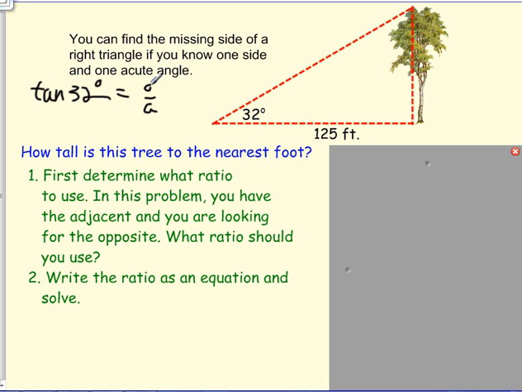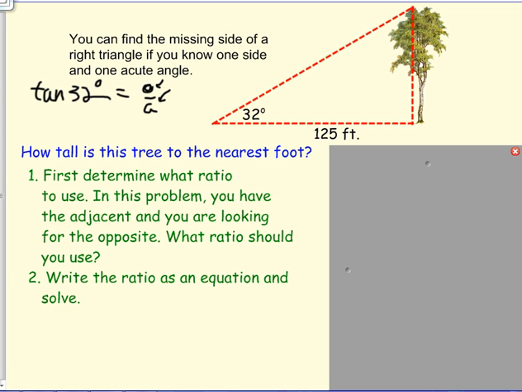Now with this idea in mind, we can solve for the opposite or the adjacent depending on what information we have. Same with sine, same with cosine, exact same idea.